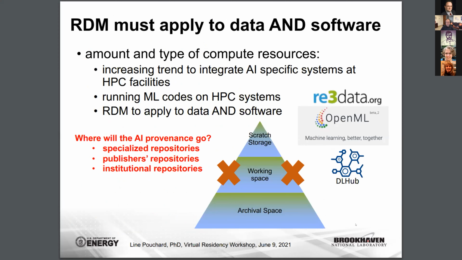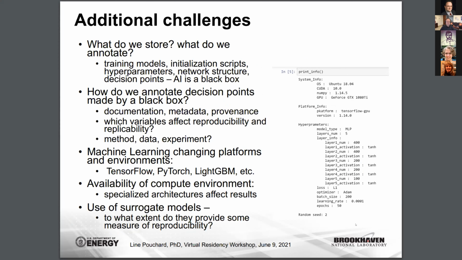There's also the availability of the compute environments for machine learning. There are specialized architectures that affect the results, and increasingly high performance computing and AI are linked for science, because there's such a demand for compute cycles, notably what is provided by GPUs, and the high performance computing architectures that do have these GPUs are being used for machine learning.